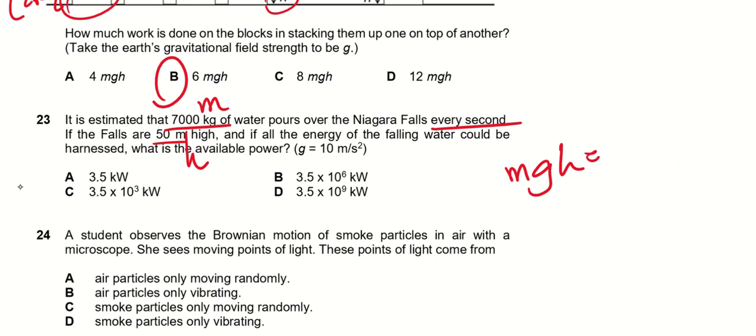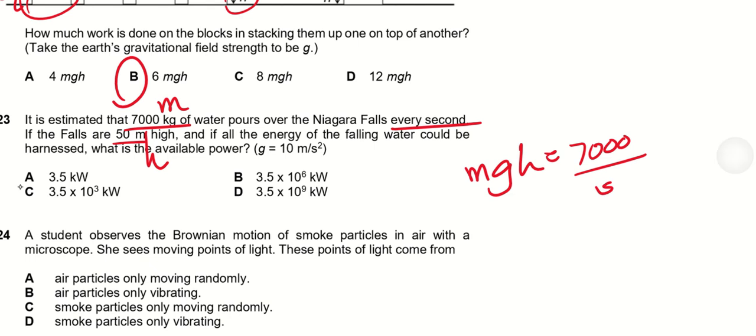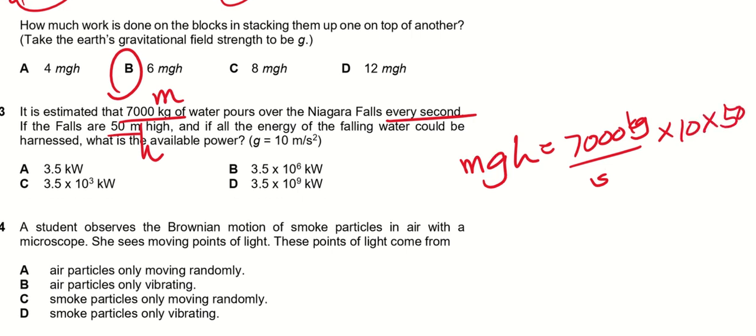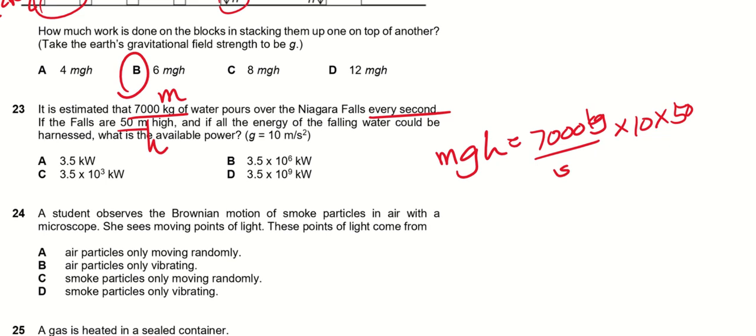Okay, so the mass is 7,000, right? And I take note, it is 7,000 every second. 7,000 kg every second is multiplied by 10, which is the g, multiplied by the height of 50 meters. Just take note that everything is in SI unit, because I want your energy chapter, every physics quantity must be in SI unit.